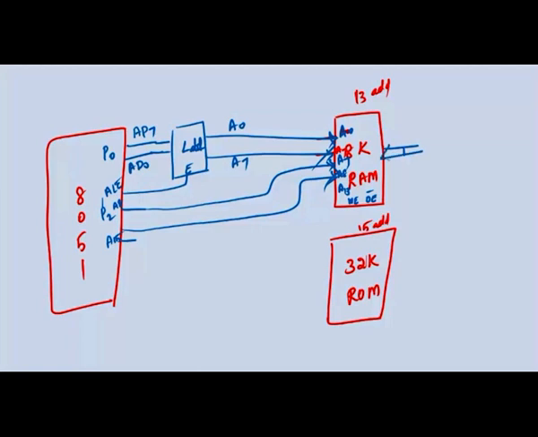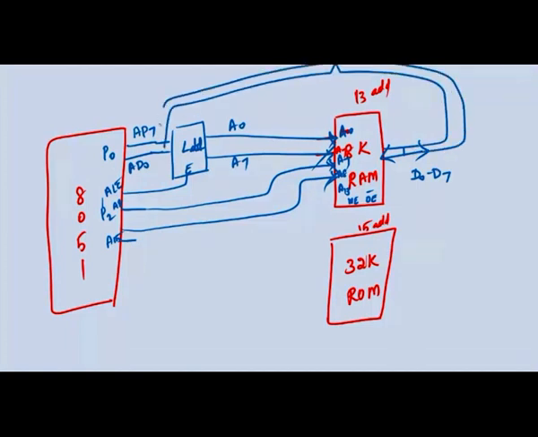The bidirectional data lines D0 to D7 will be connected here. The additional control signals are the write bar and read bar signals. The write signal will be connected here, and read bar here. So, this is the interfacing.